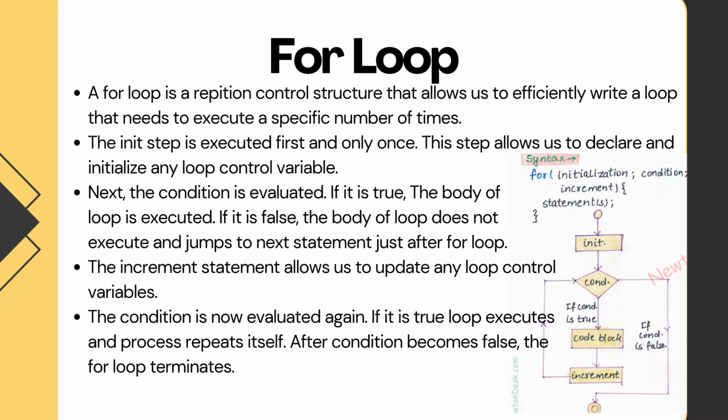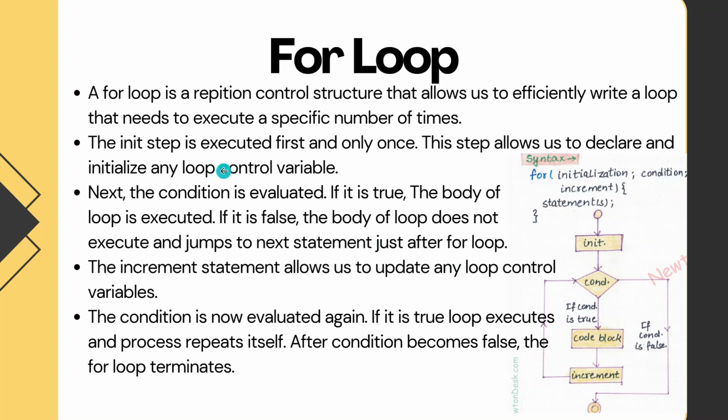If the condition is true, the code block is executed. If the condition is false, then we exit the loop, and when the condition is true, we increment the variable or the expression.